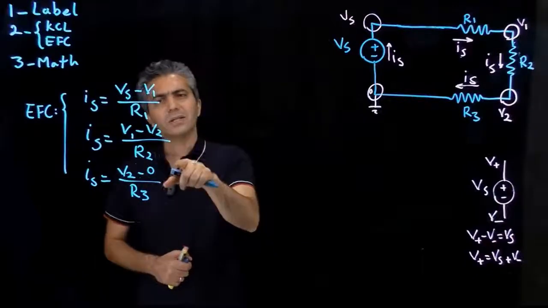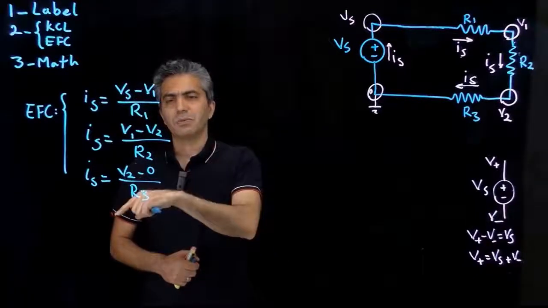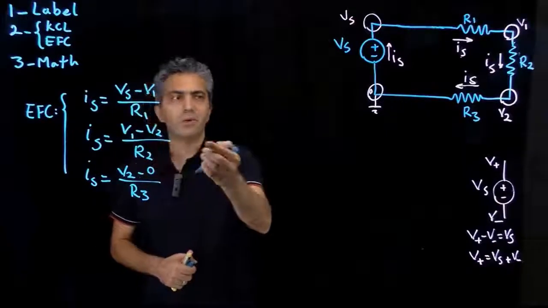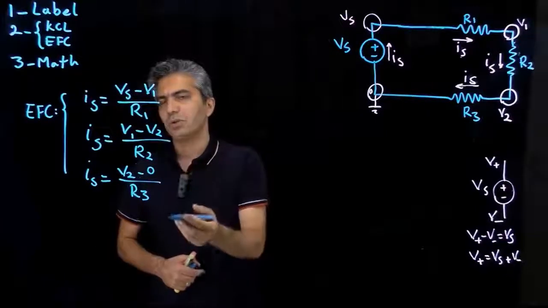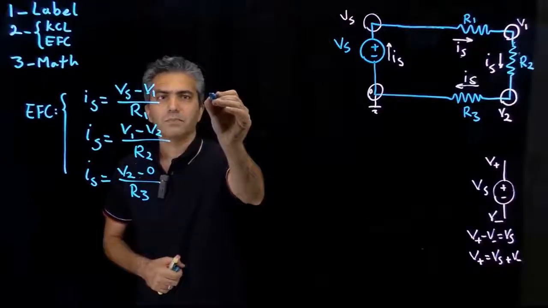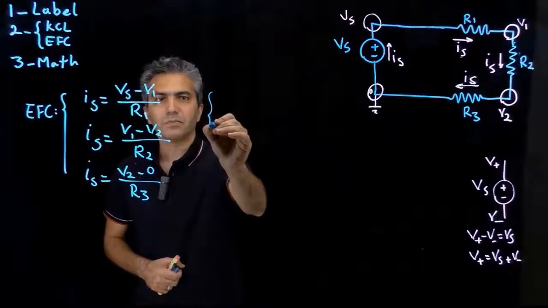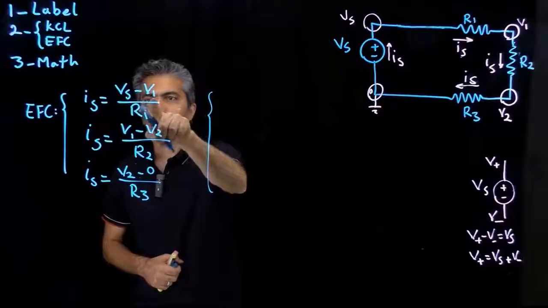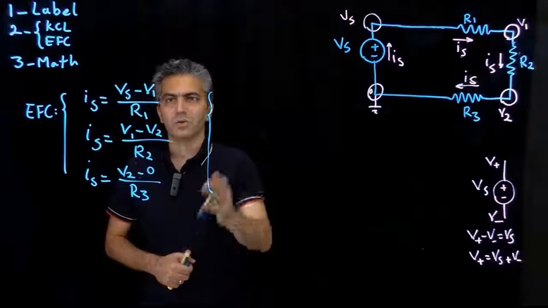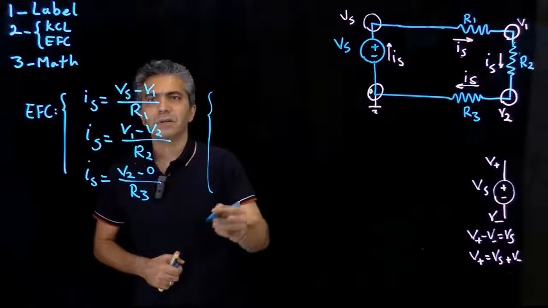So using the technique that I explained to you in one of the other lectures, I'm going to move these around to show you how you could do that using a calculator that inverses matrices. In this circuit, V1, V2, and IS are the unknowns. I'm going to move them all to the left.